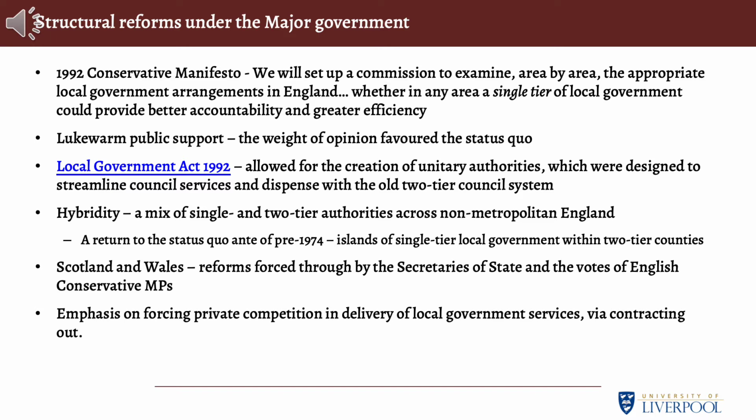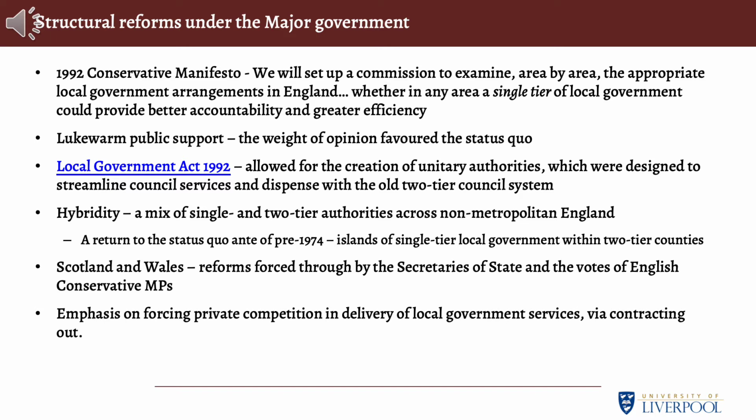So different services, they argue, scale up differently. For recycling, for example, it might make sense to have a large area covered by one recycling organisation. It might not for, say, maintenance of public footpaths or whatever. And Wilson and Game argue that different services have different levels of optimal efficiency, and so a U-shape exists for any given service.